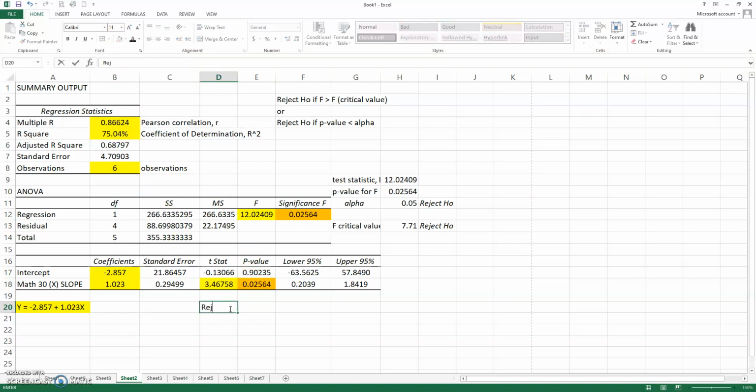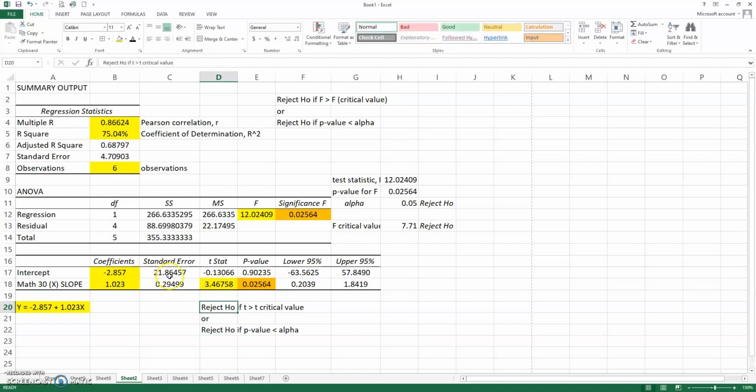So the decision rule is the same. Reject the null hypotheses if t is greater than the critical value of t, or reject H0 if p-value is less than alpha. Alpha is still 5%.